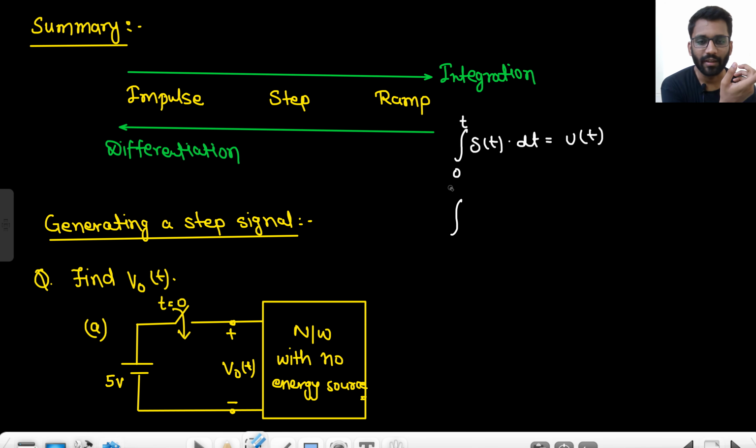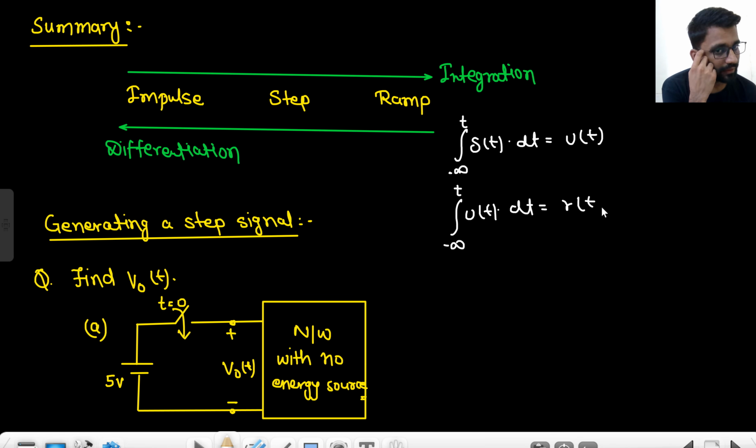Why am I writing 0 to t? I can write minus infinity to t. And here you can also write from minus infinity to t of u(t) dt will give me r(t). Okay, so this is for integration. For differentiation we have already written.